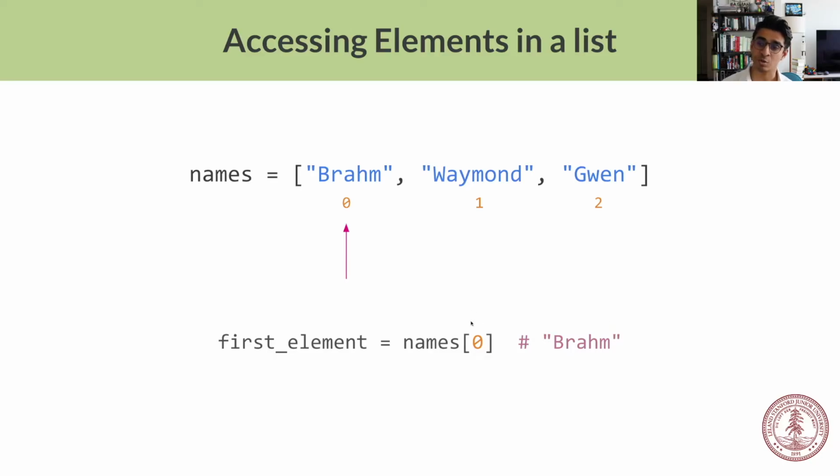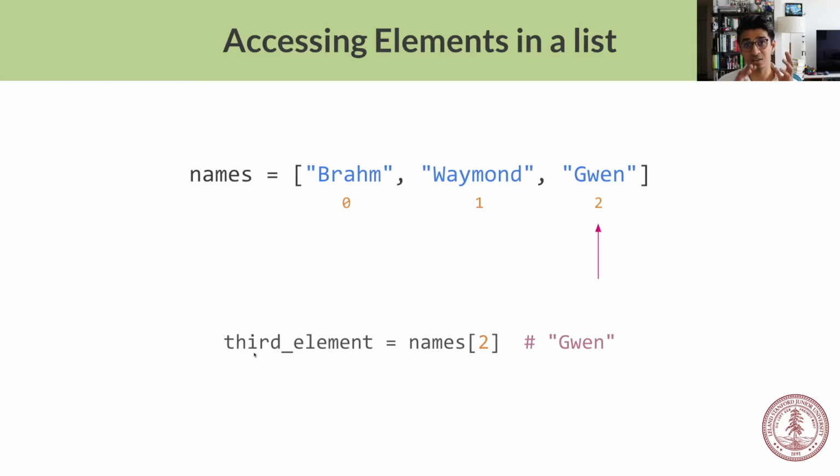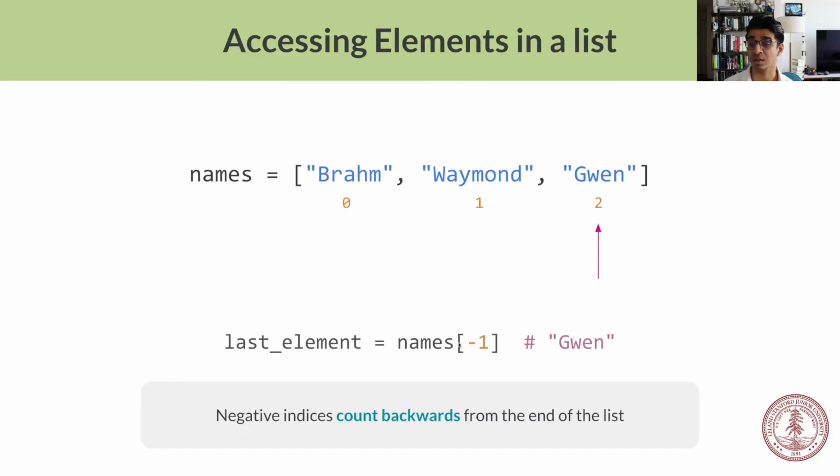I could also say, rather than giving me the element at index 0, give me the element at index 2, which in this case would be the third element in the list because we start counting from 0, but would be equal to Gwen because that's at position 2 in this list over here. There's one other kind of fun thing you can do with indices, and that is rather than provide 0, 1, or 2, we can actually say -1, which basically is the last element of the list instead.